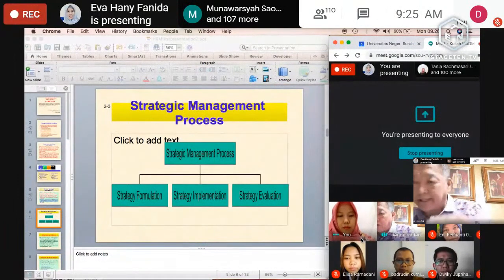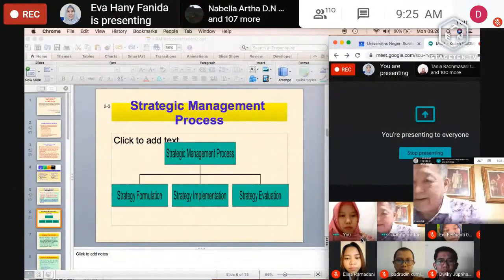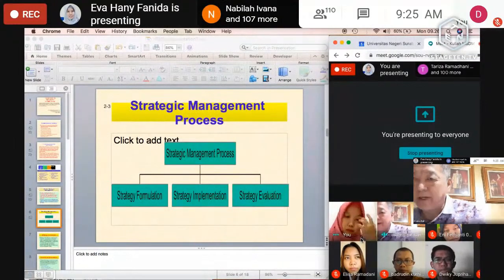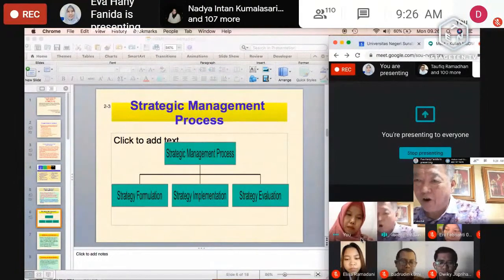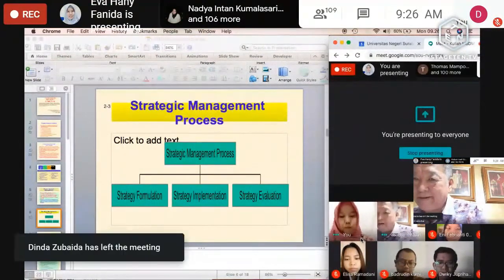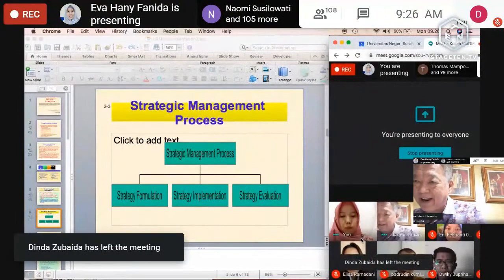When we talk about the implementation of strategy, we cannot talk as the company. We talk only about our department's functions, how to contribute to it.